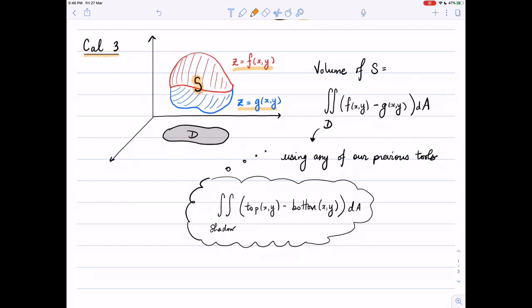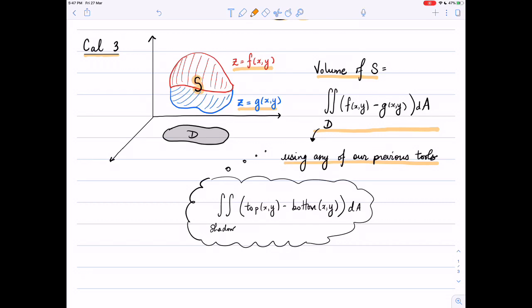And the volume of that solid S is going to be the double integral over this region D, we'll talk about D in just a second, of f of x minus g of x dA. And that double integral can be calculated using any of our previous techniques. You can set up that region D as a type 1 region, as a type 2 region. You might do it using polar coordinates. It just becomes a double integral.